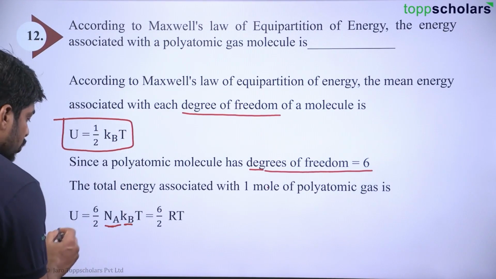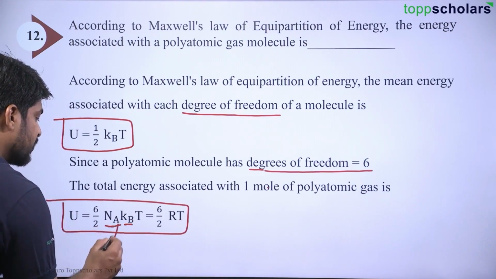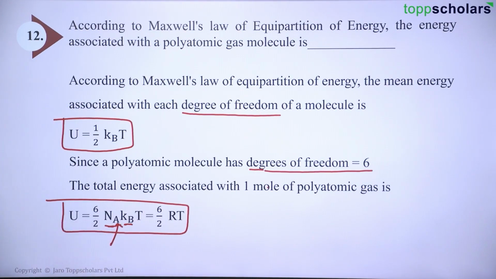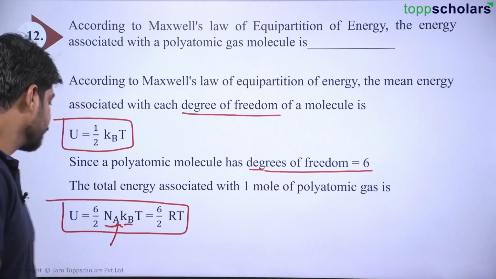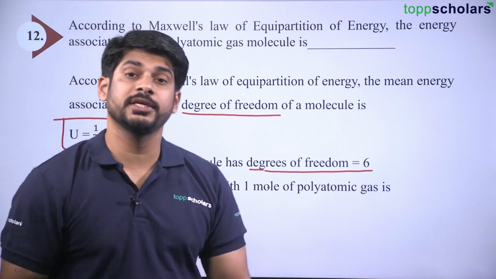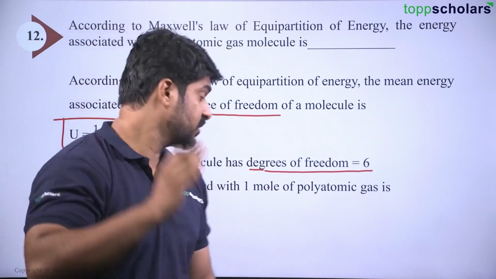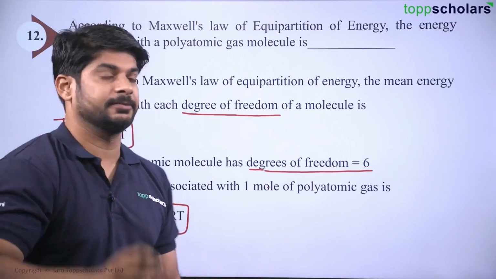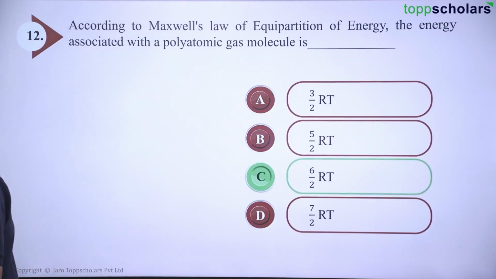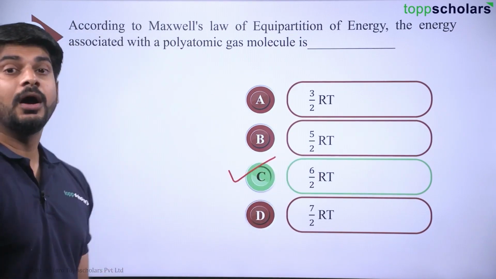So U is equal to this much, and we know NaKb is written as capital R, the gas constant. Therefore it is 6 by 2 RT. So the total energy associated with 1 mole of polyatomic gas is 6 by 2 RT. Therefore, the correct answer is option C, 6 by 2 RT.